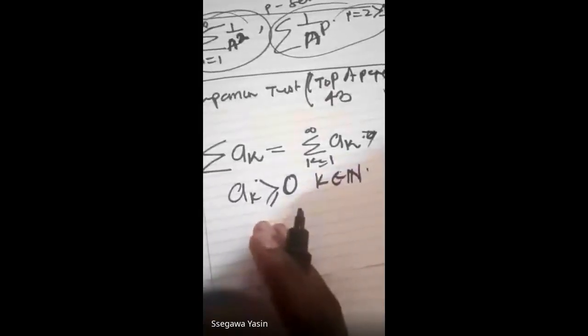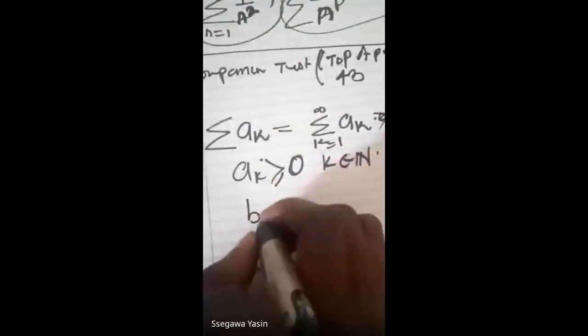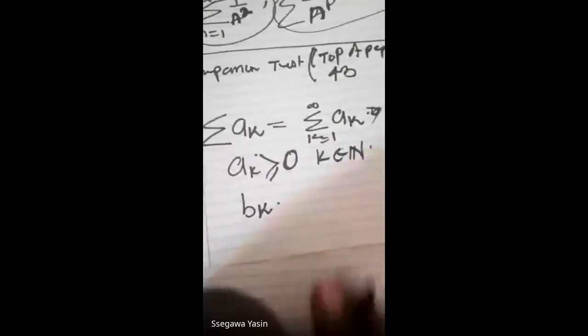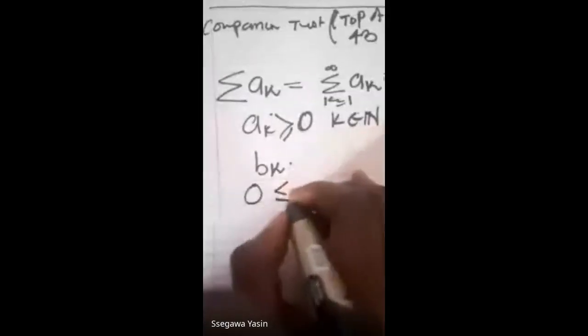Then we may pick a convergent series b_k, on condition that 0 is less than or equal to a_k, which is less than or equal to b_k. What do we mean? The one we pick or get should be bigger than the one given to us.